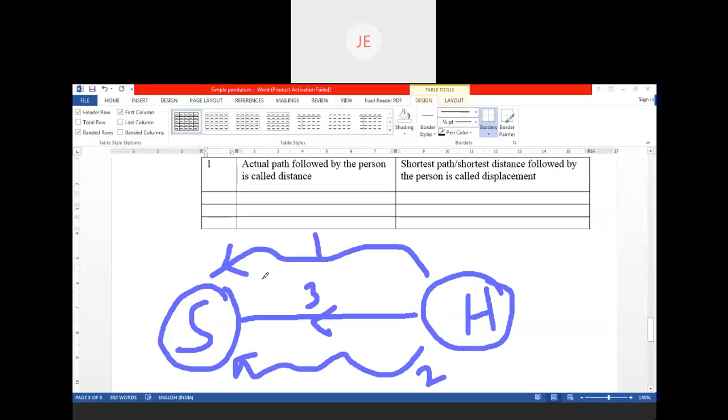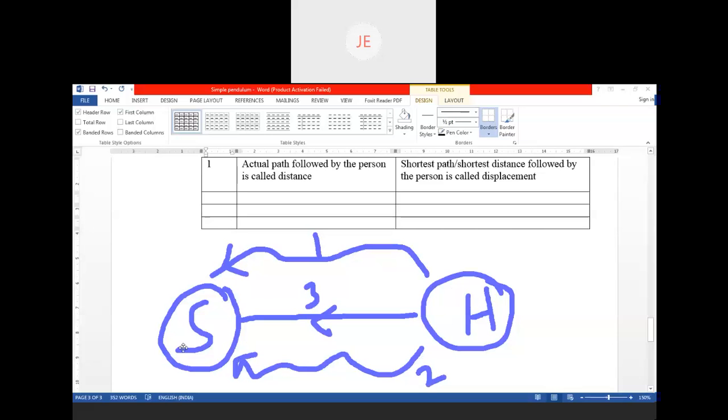Okay, so from home to school, this is one path I have defined like one, and there is another path, two, and there is a straight line path from home to school, direct straight line.